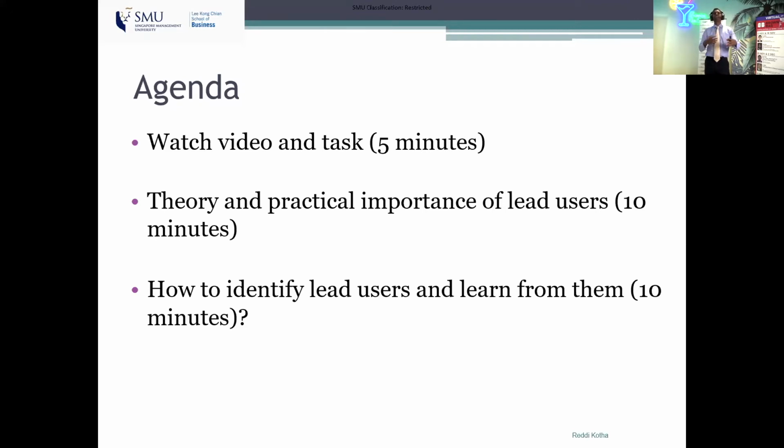But let's try even in this Zoom world to do this. Once you've come back and have done this task, I've debriefed you, then we'll go into the theory and practical importance of lead users. So once we've understood the concept, then I'm going to say, how can you then either become a lead user or take the lead user concept and come up with breakthrough innovations?